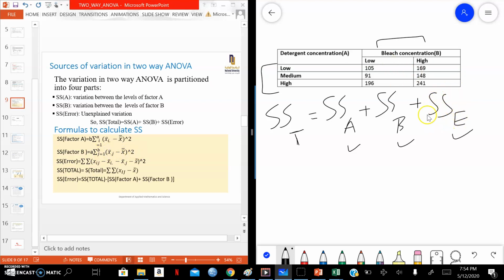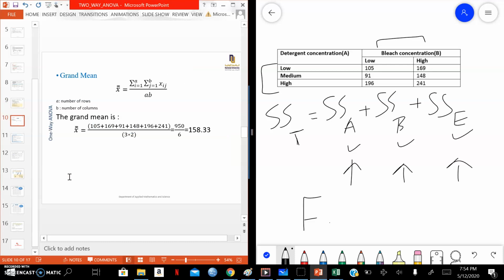So instead of getting this, we will get the sum of the square of the total because it's easier. Then we subtract the sum of the square of factor A and factor B to get the sum of the square of error. So that, I wrote it here. So we need these 3 in order to get the F calculated value.